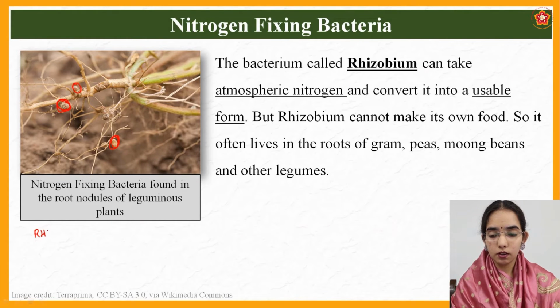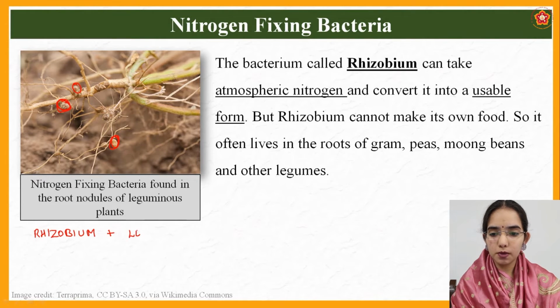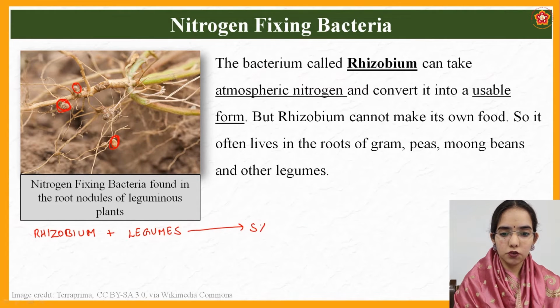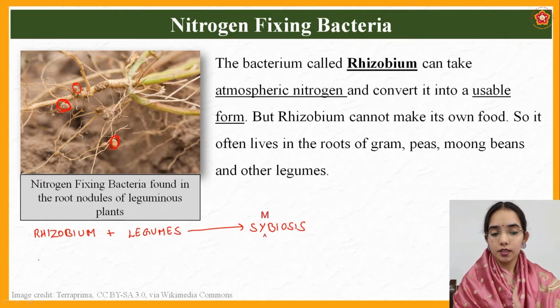Rhizobium, which is the bacteria, stays in symbiotic association with leguminous plants, or we can call them legumes, and this type of association is called symbiotic association or symbiosis. So over here this rhizobium performs nitrogen fixation.